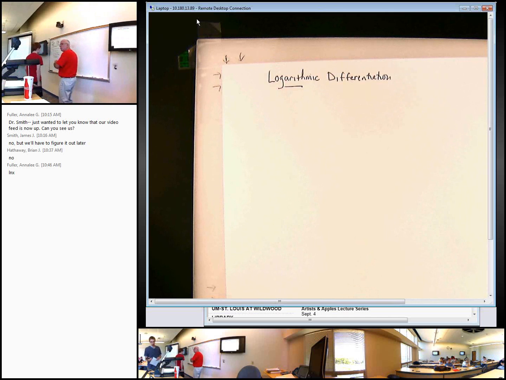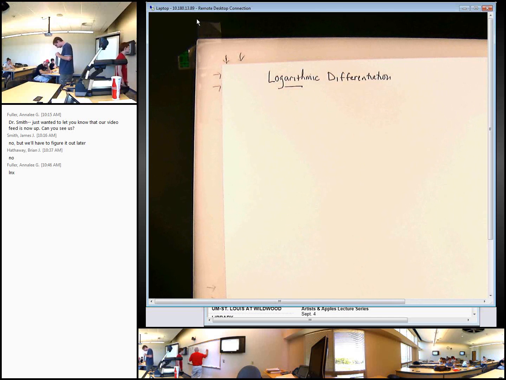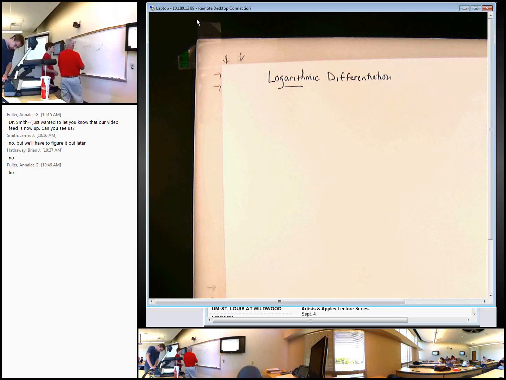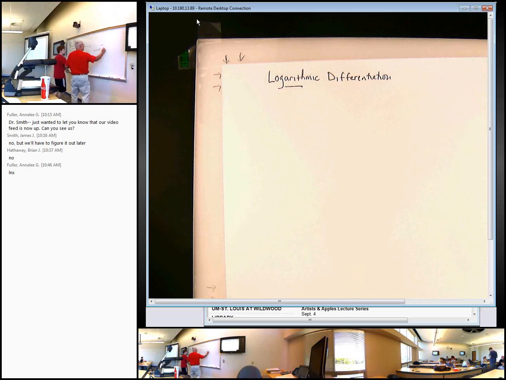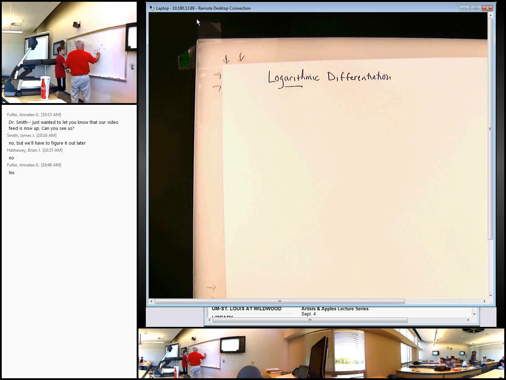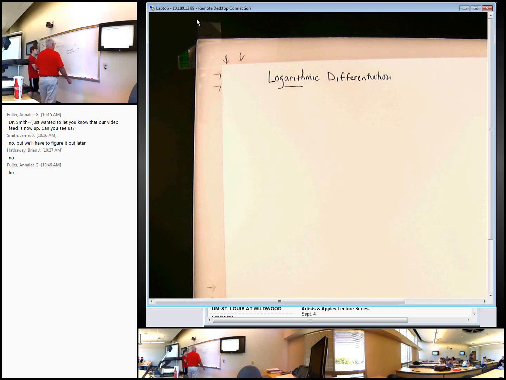X minus 2 to the right-hand power. Okay. All right. So one thing, as far as the one-to-one is concerned, let's look at the derivative of this. So this is 1/2 times x minus 2 to the -1/2 power doing the derivative.